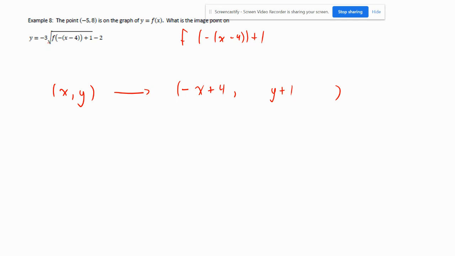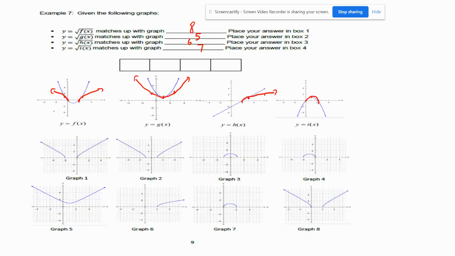Square root functions square root the y value. This is my y value, so I'm going to square root it like this. If I put a negative 3 in front of my function, it means I'm multiplying my y by negative 3, and this minus 2 means I'm shifting the graph 2 down, so I'm going to have a minus 2 like that.